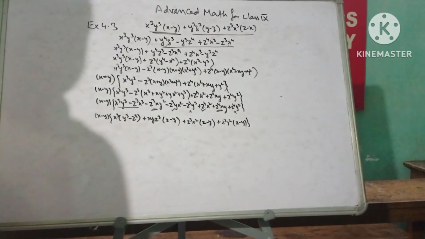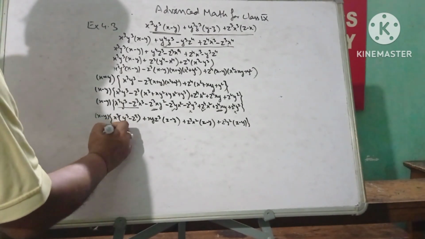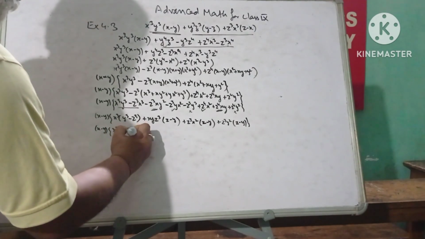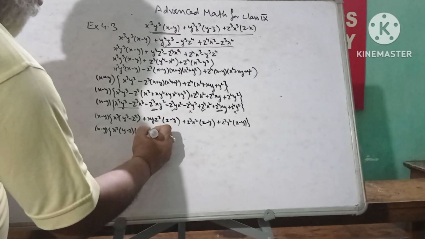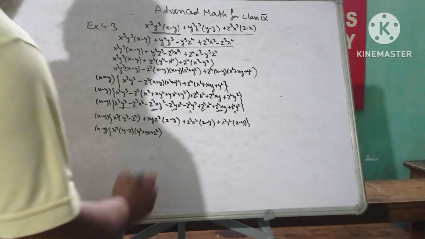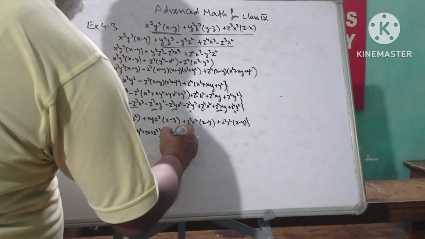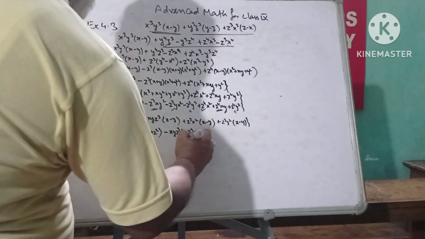So now here you see that means x minus y, so this will be x cube, this is y minus z, y square plus yz plus z square, and here again minus common, so x y z cube, this will be y minus z.